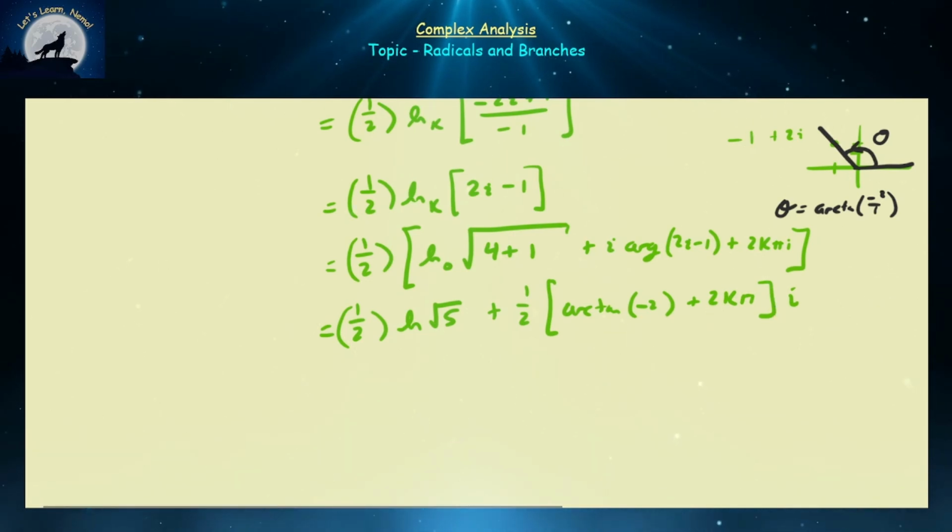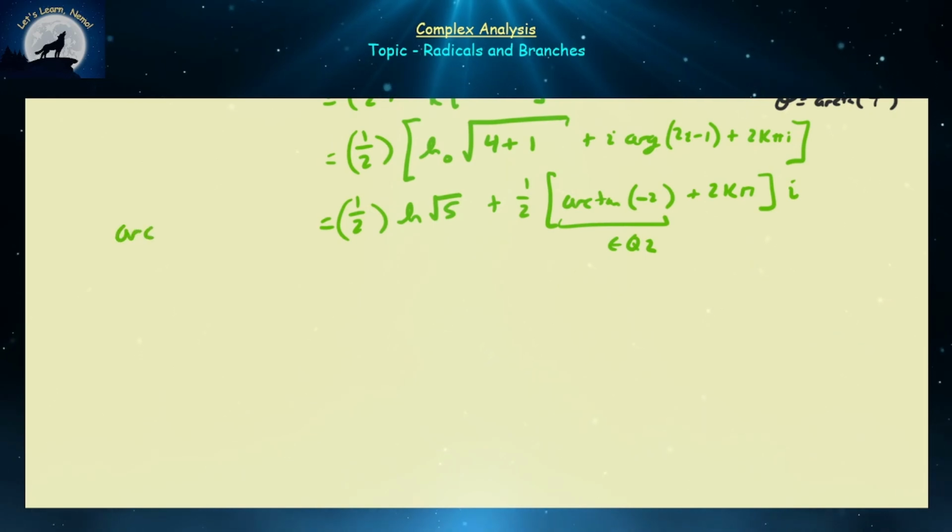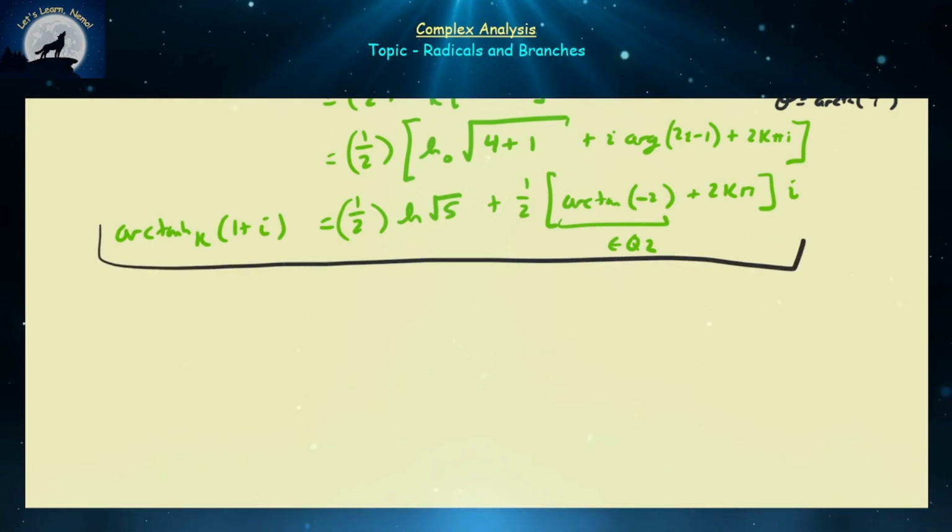Keep in mind this object belongs to quadrant 2, just in case you have a calculator that doesn't force that for you. So that gives us the kth branch of the inverse hyperbolic tangent of 1 plus i. At least that's the analytical form, without any further simplification that you could do. For example, you could maybe rewrite the arctangent of minus 2 if you really want to.